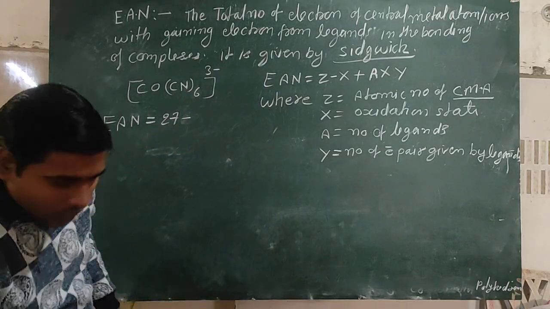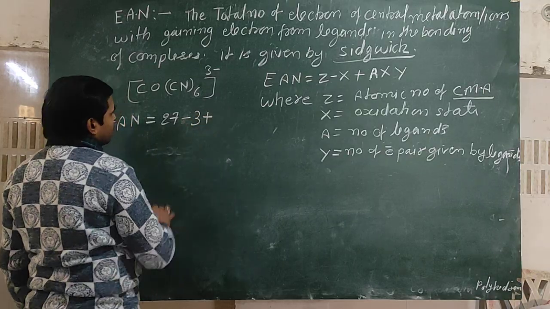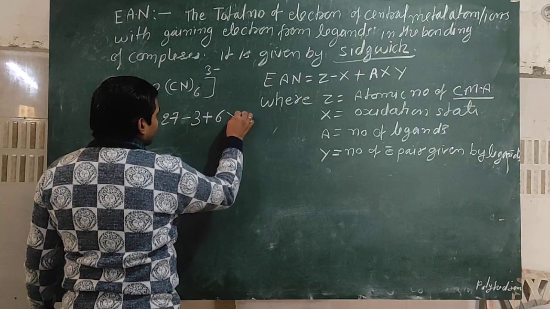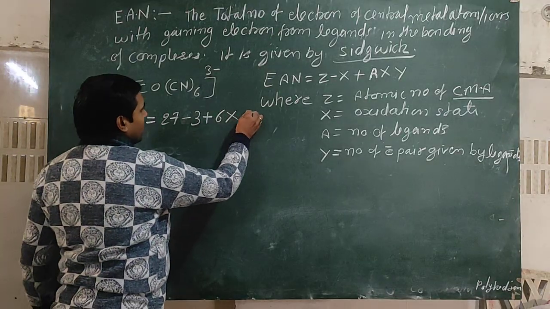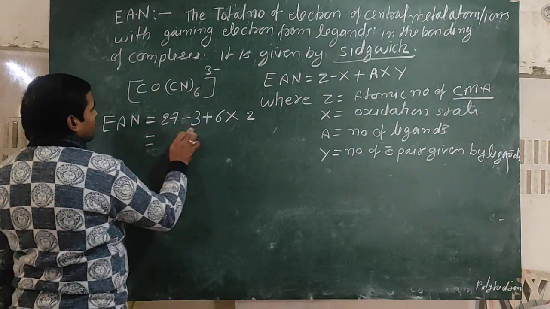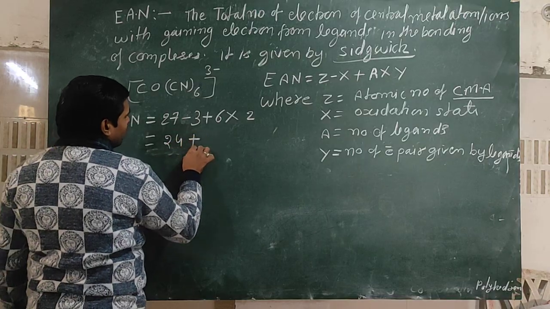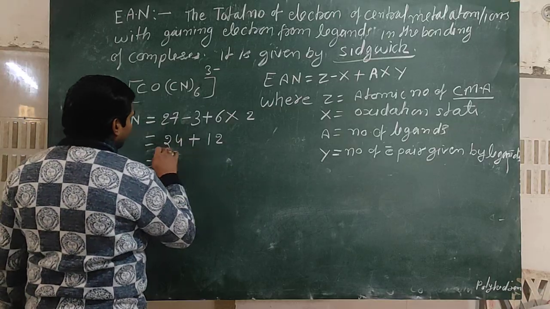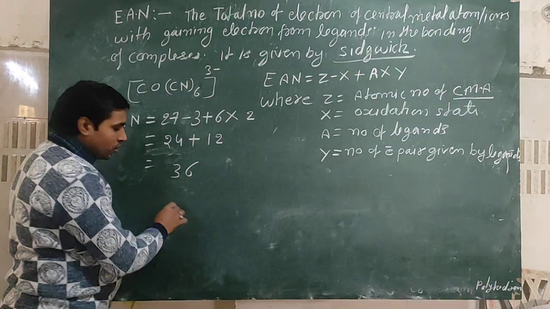Thus, in this complex, 27 minus 3 is 24, plus the total number of cyano groups, 6, and the number of electron pairs given by each cyano group, 2, so 24 plus 12 is equal to 36.